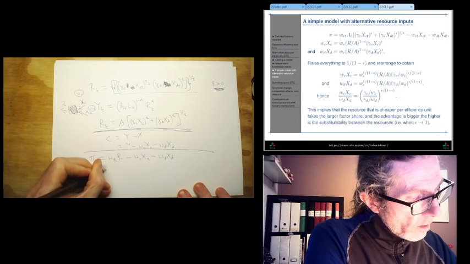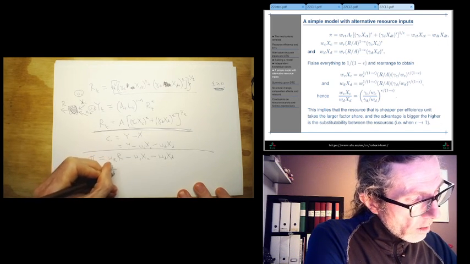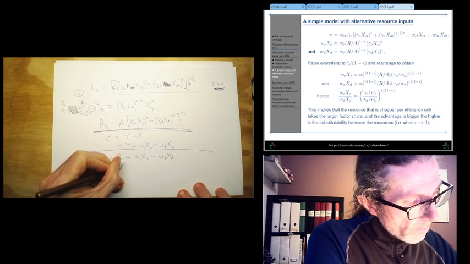So WR, that's exogenous, and then we've got R over A to the 1 minus epsilon.